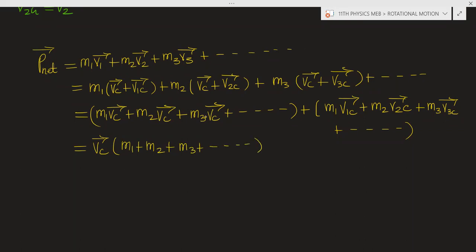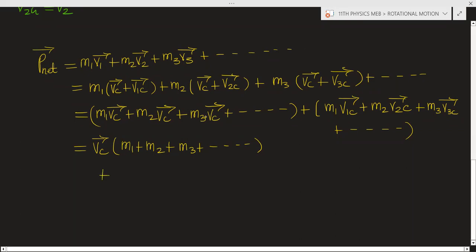And here you will have m1 into V1c plus m2 into V2c plus m3 into V3c and so on.